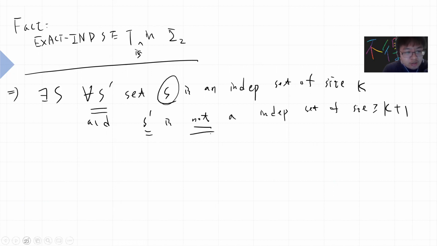So in order to find this exact independent set, you need two quantifiers: one is exists, one is for all, with exists in the beginning and for all next. And obviously the minimal circuit problem is in pi 2.